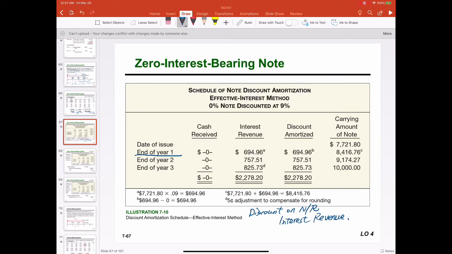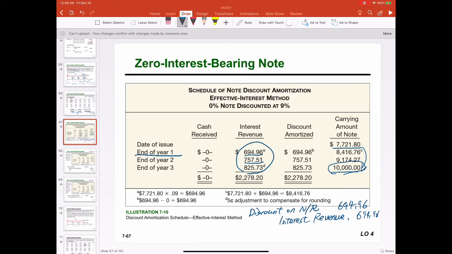So all these will be amortized and will add up to the carrying amount of the note. By the end of year 3, the lender is going to receive $10,000 from its customer, the borrower, and also recognize interest in the 3 years.